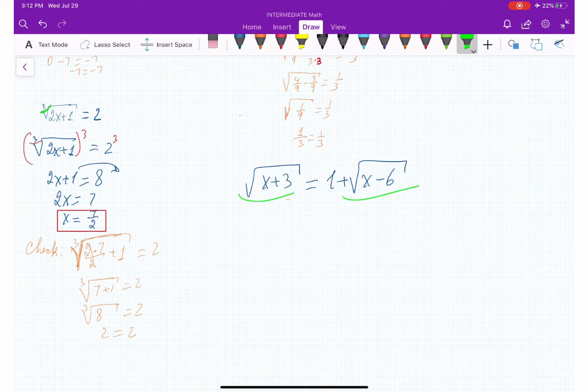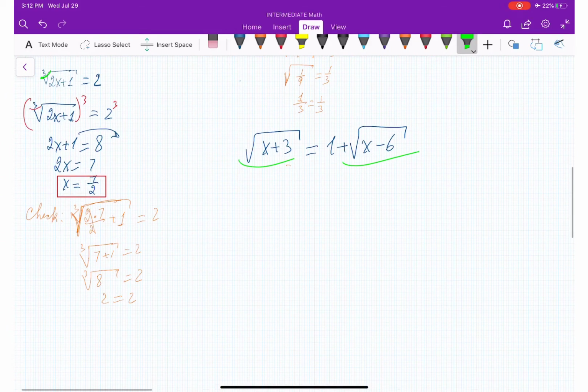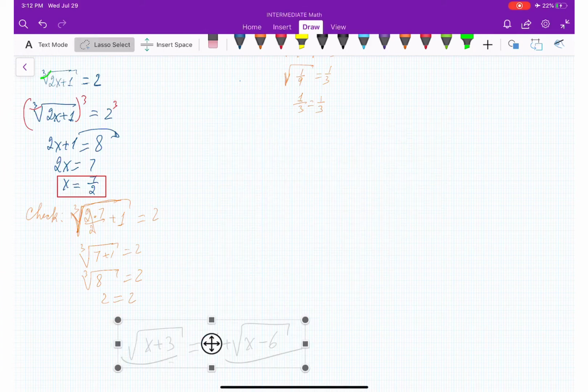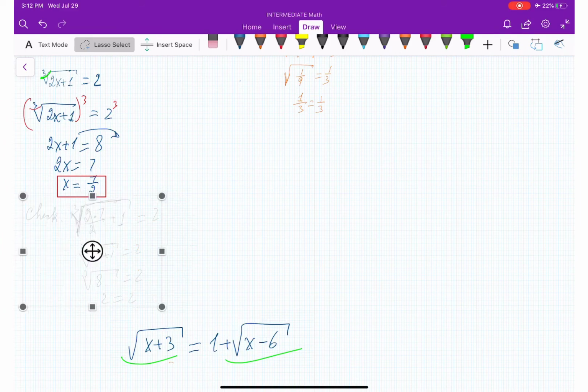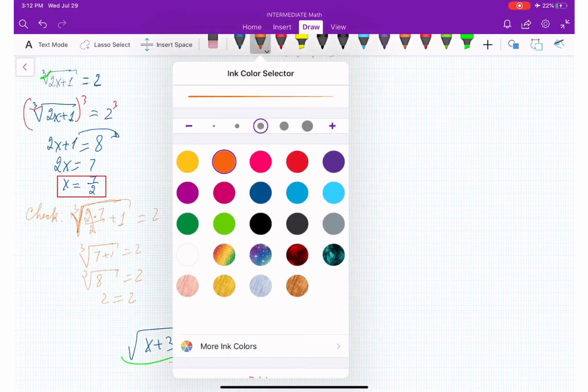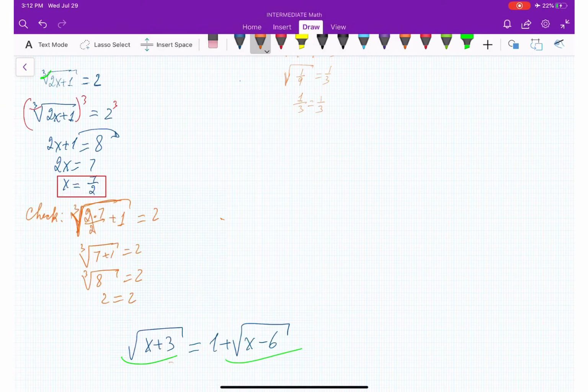So at this point, I would like to move this down because I will need more space. Is this visible at all? Let me make it thicker for you. I'm looking, it doesn't look visible. There we go, much better.